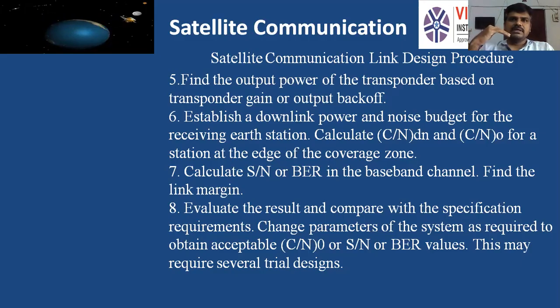Once you assume some values, you may get the required C by N ratio, or sometimes you may not get it. So every time you need to change the transmitter and receiver parameters and obtain the specified C by N ratio. This is a trial and error method.